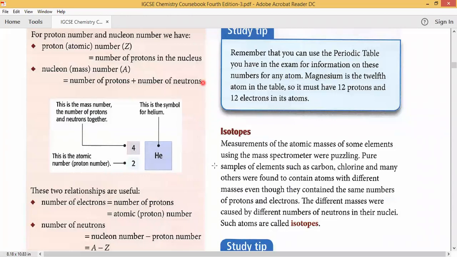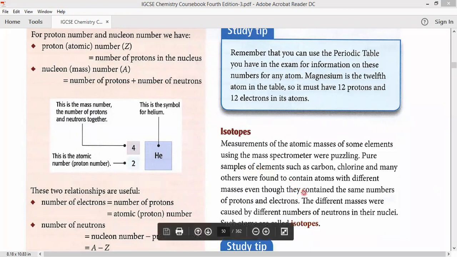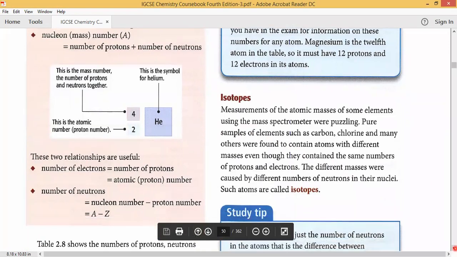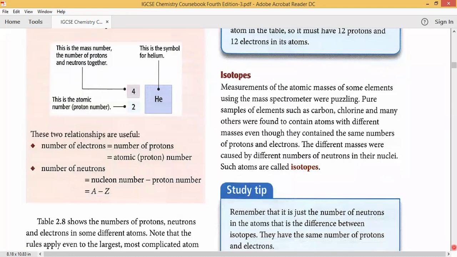So I was saying that isotopes are the atoms of the same element, but have the same proton number, but different nucleon number. So what we can safely say is that they have the same number of protons and electrons, but they have different number of neutrons. Both the definitions can be used in exams and are also written on the next page.